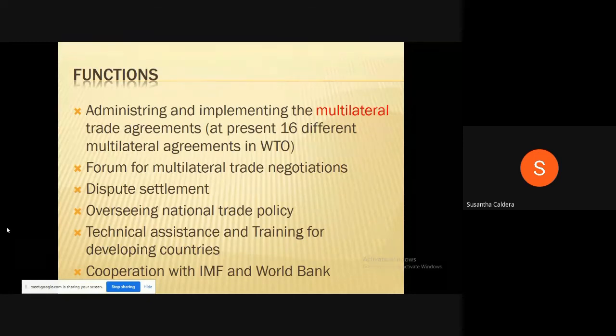They encourage developing multilateral, not bilateral, agreements. A forum for multilateral trade negotiations. They create a forum for the multilateral trade negotiations. Then the dispute settlement. Overseeing national trade policy.